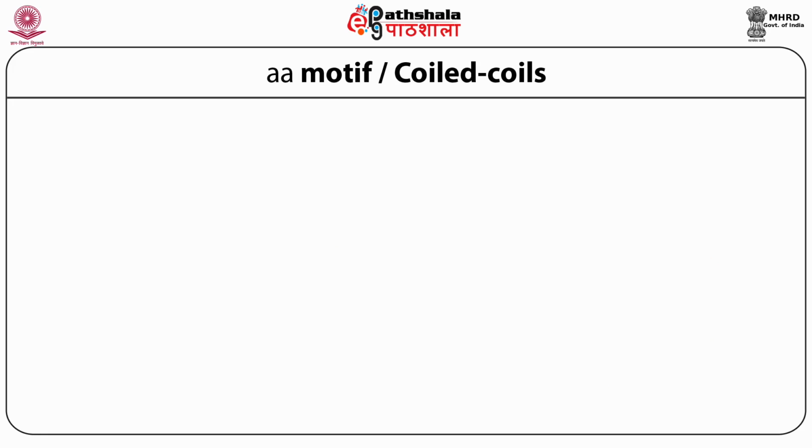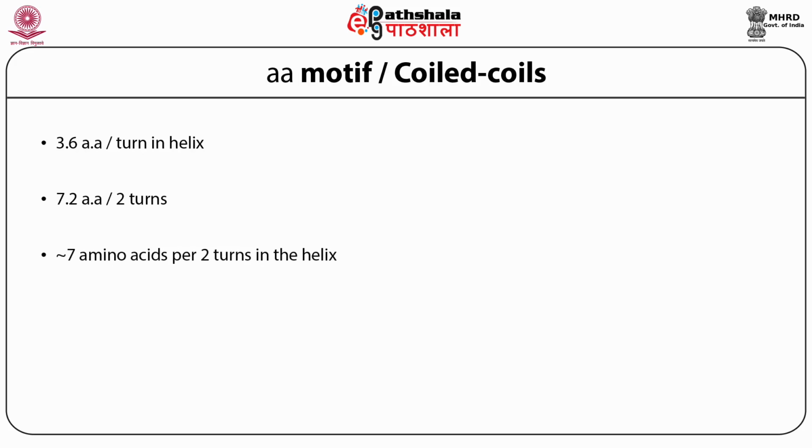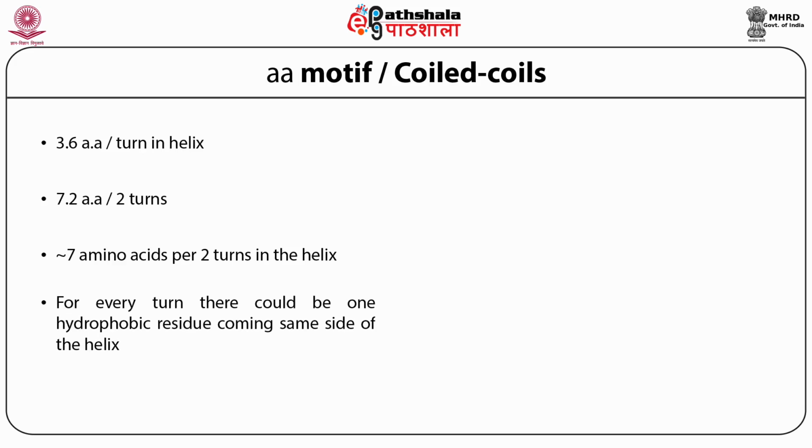So as I said, they have a heptad repeat. So how come the heptad repeats? There are 3.6 residues per turn. We know this property of the alpha helix. So per 2 turns you have 7.2 amino acids. If you approximate, there are 7 amino acids per 2 turns. So every first amino acid will come on the same side of the alpha helix.